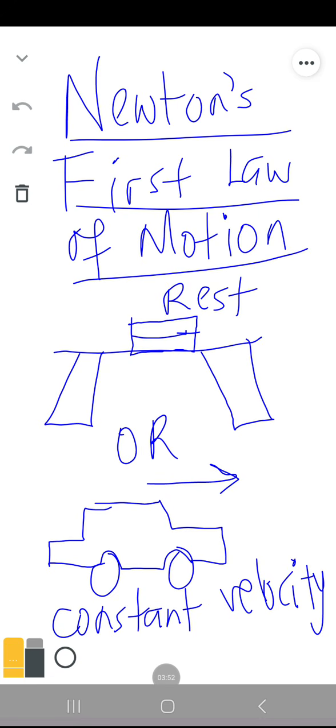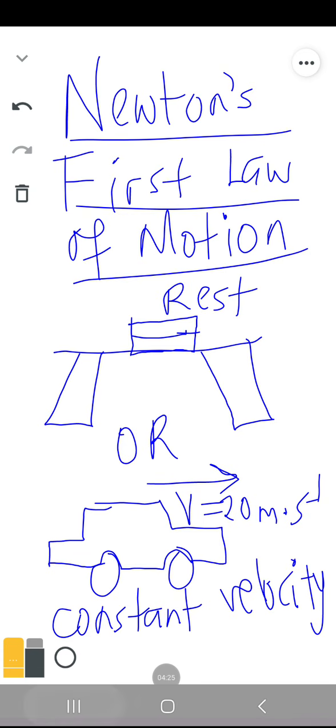For example, if this car is moving with a velocity of 20 meters per second, therefore this car must remain moving with the speed of 20 meters per second. So it's moving with constant velocity. Whenever it's moving with constant velocity, what you must know, which is very important, is that the speed or the velocity is not changing. It remains the same. So that is Newton's first law.